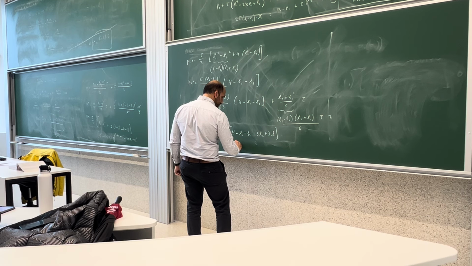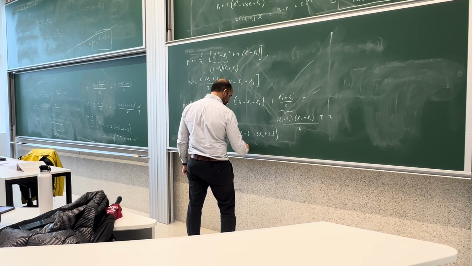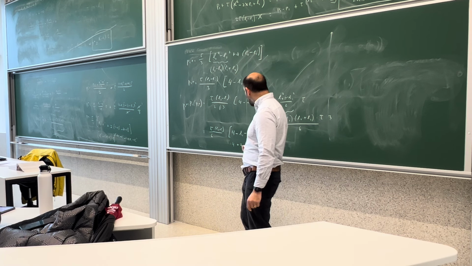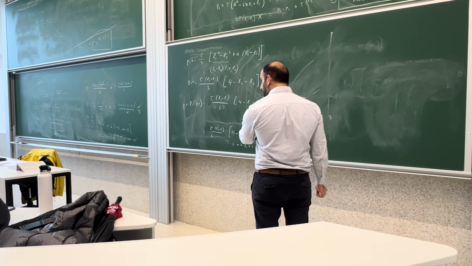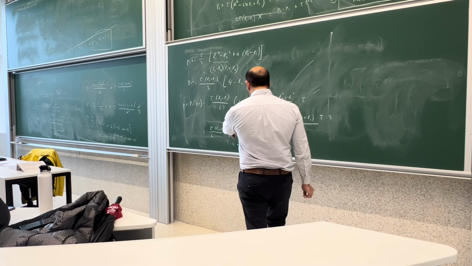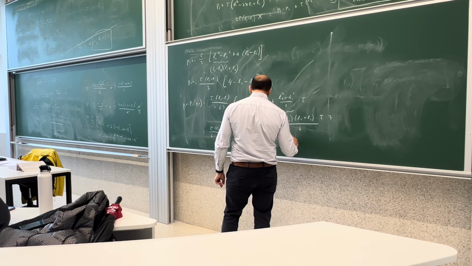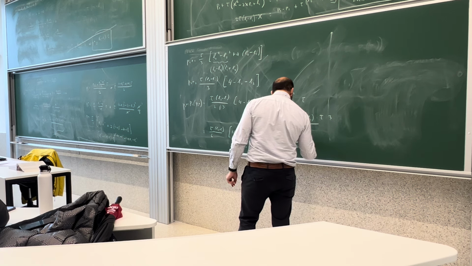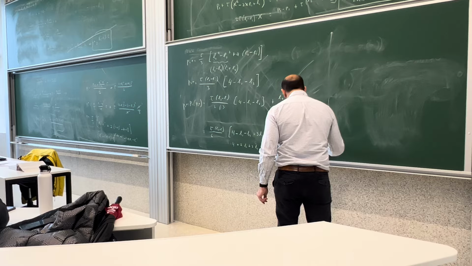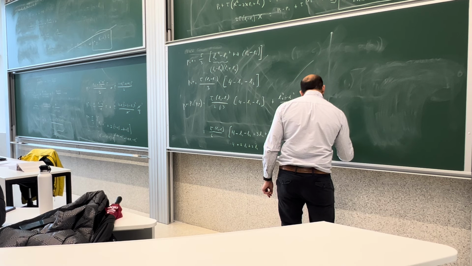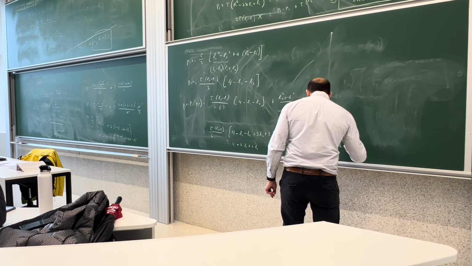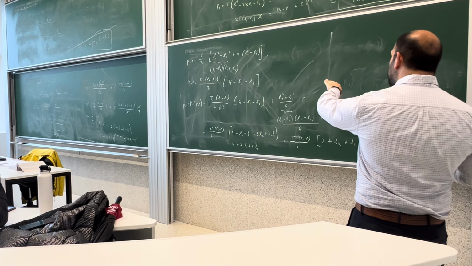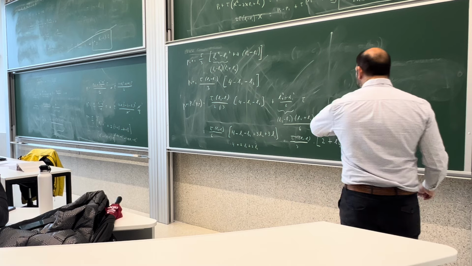Now we can take the 2 out, and the 2 cancels with the 6, so it's going to be equal to tau over 3 times L2 minus L1 times 2 plus L2 plus L1. So P1 star is tau over 3 times L2 minus L1 times 2 plus L2 plus L1, and P2 star is tau over 3 times L2 minus L1 times 4 minus L1 minus L2.